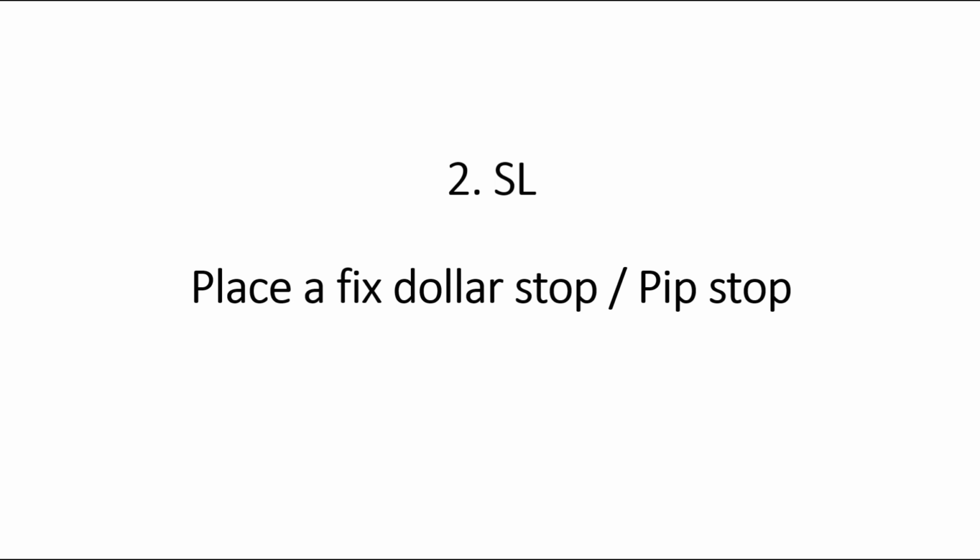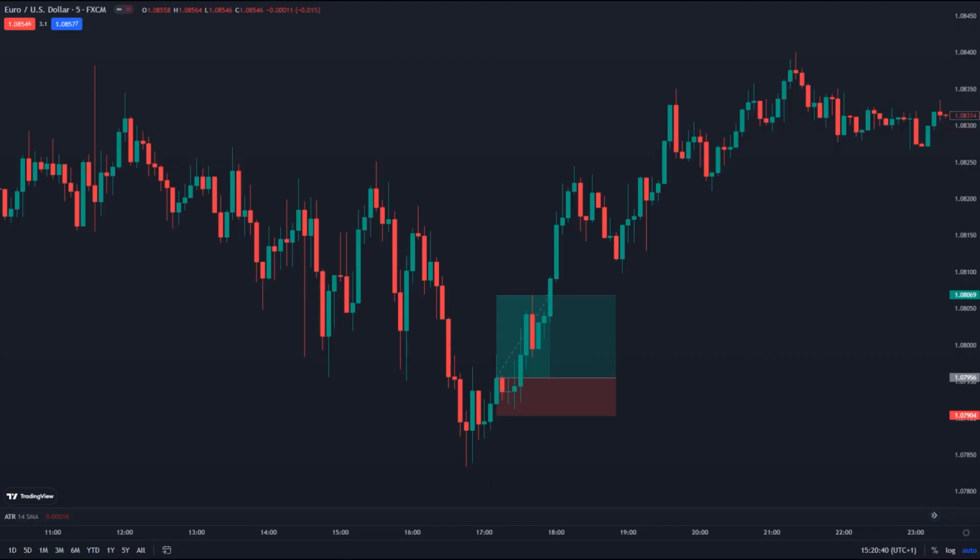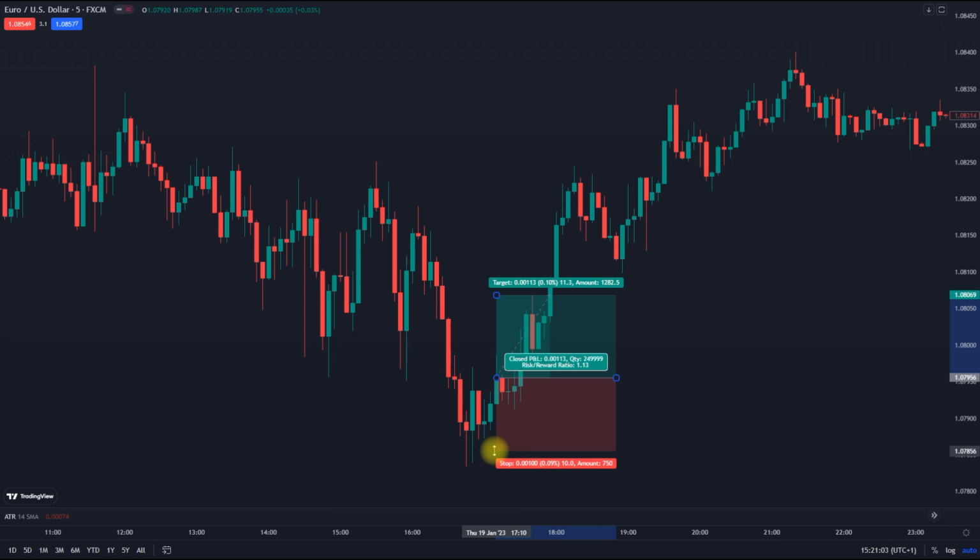After we learned how to set the stop loss using support and resistance levels, now let's have a look at our second stop loss option, placing a fixed dollar stop or a fixed pip stop. Let's go back to the chart. We're using the same entry as we used in the example before, after the 3 white soldiers. And using a fixed pip stop, let's say our trading rule says we are using 10 pips each time. So we would take our stop loss and place it at 10 pips.